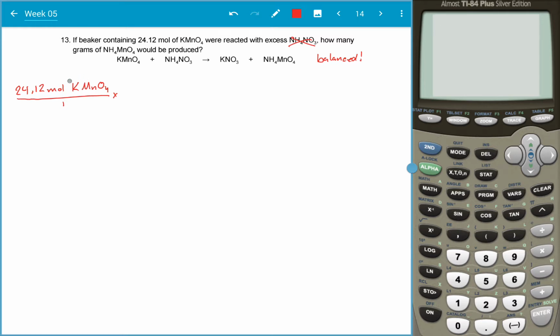Well, since we're in moles, we have our wheel of moles, and we can jump to grams of some chemical, we can go to atoms or molecules, we can go to moles of a different chemical. In this particular case, the question tells us something about one chemical, but it asks about some other chemical.